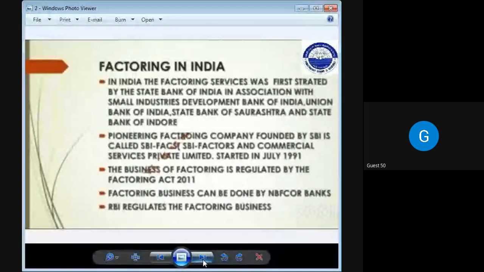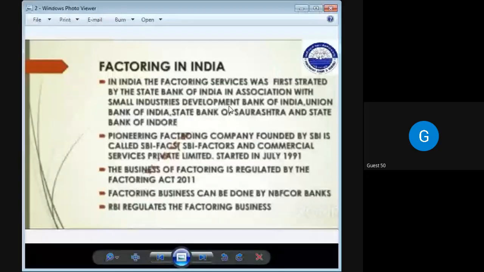These banks gave the services of factoring, and all these banks are known as factors in India. The primary factoring company founded by SBI is called SBI Fax, that is SBI Factors and Commercial Services Private Limited, started in July 1991.